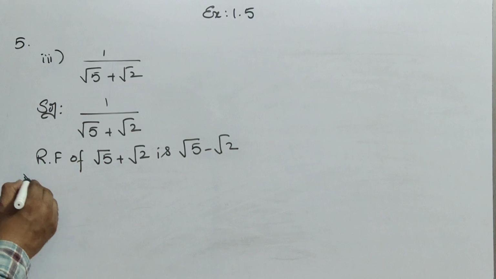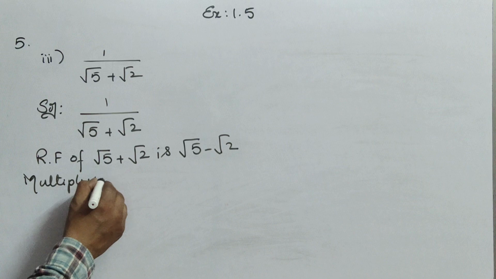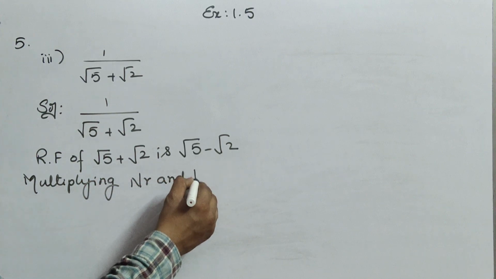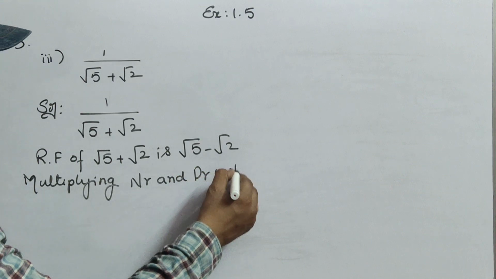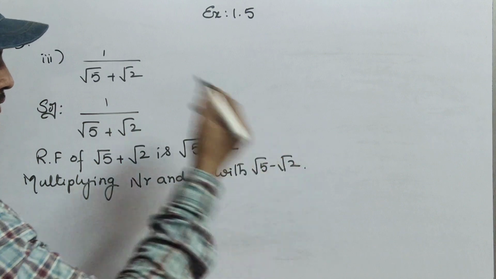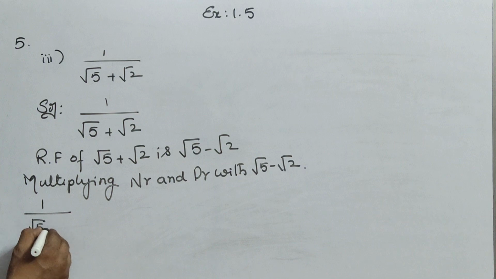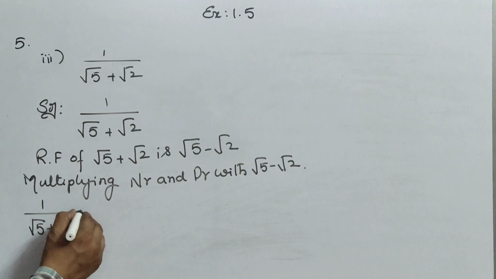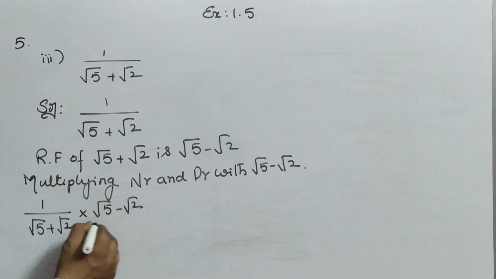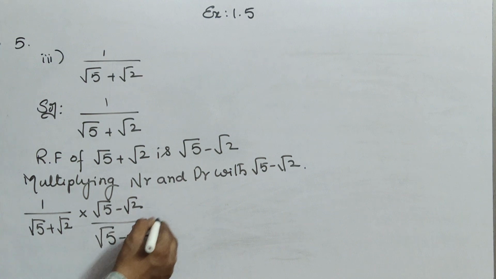Next step what? Multiplying numerator and denominator with root 5 minus root 2. Now 1 by root 5 plus root 2 into root 5 minus root 2 by root 5 minus root 2.